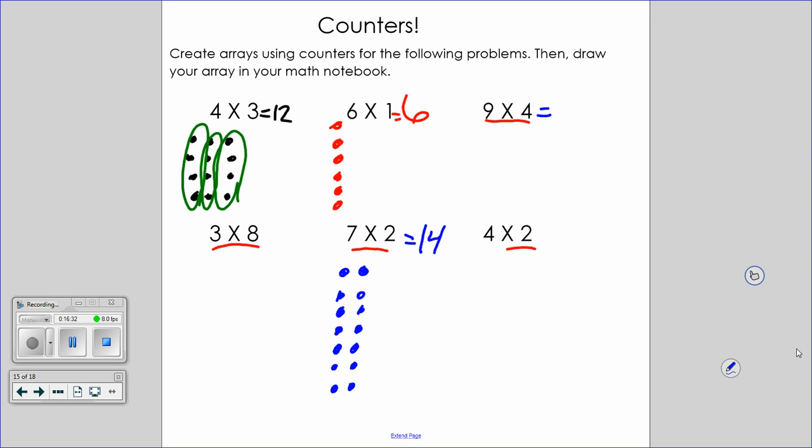What's 9 times 4? 36. What about 3 times 8? What was that product? Naviana? 32. No. Ada Washington? 24. 24. What about 4 groups of 2? 4 groups of 2. Piper? 8. 8.